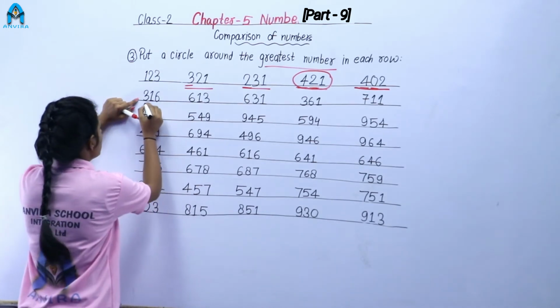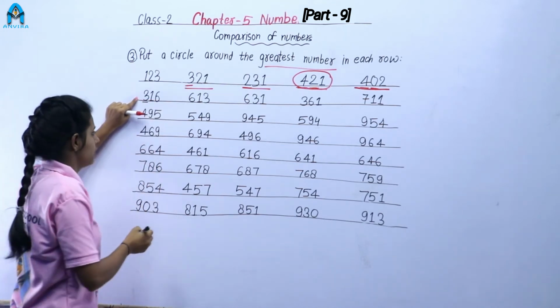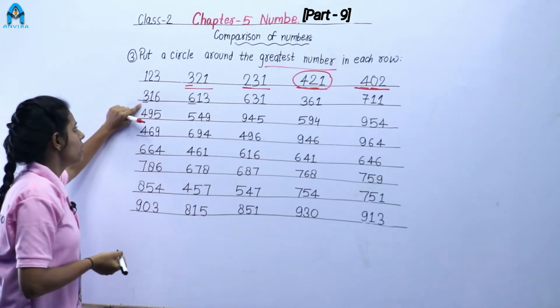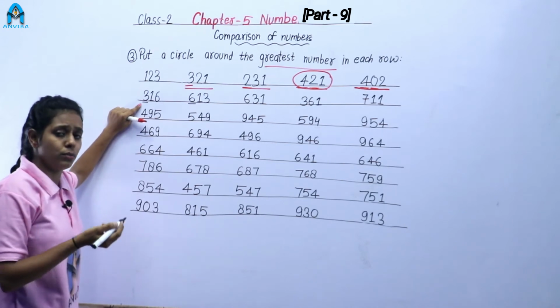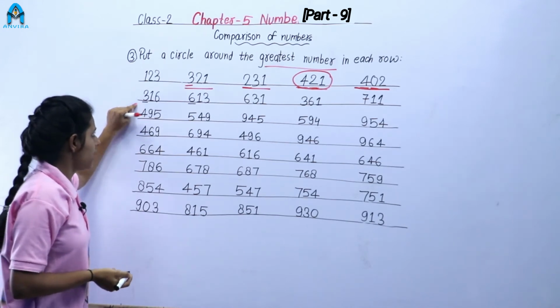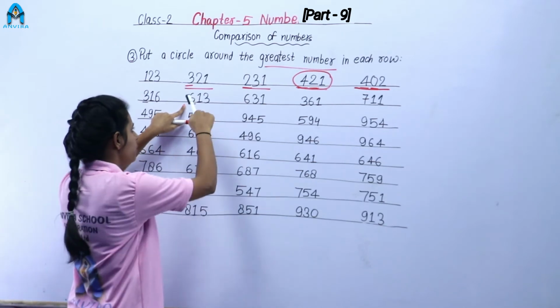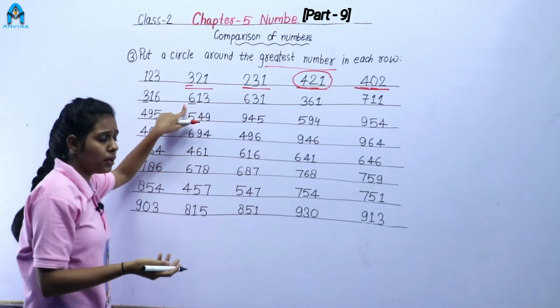Next row is, first number is 316. We compare these two numbers. So, 300 and 600. Which is greatest? Yes, 600 is greatest. Now, with this greatest number, let's compare the next number.